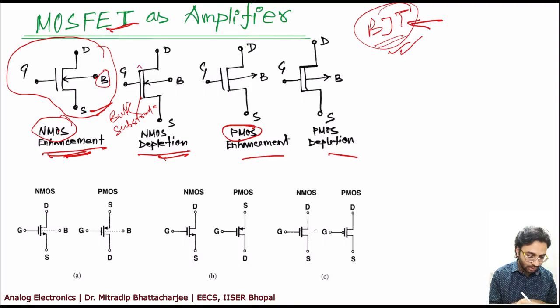In case of depletion, we use a kind of band over here as a symbol. Then you have PMOS, where the bulk terminal shows an arrow which is towards outside. Similarly, you have depletion. There are few other symbols as well. Somebody uses this type of arrow just in the source terminal. So these are different types of symbols.